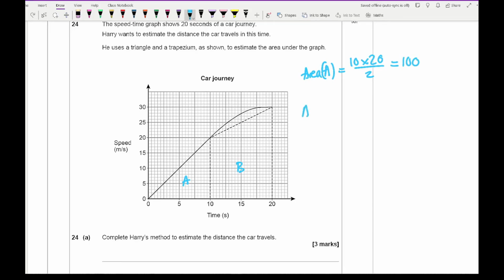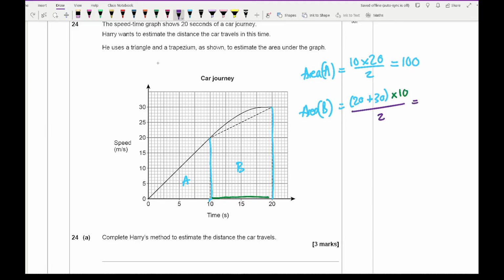So then working out the area of B, which is a trapezium, so it's the 2 parallel sides, so it's this length here, which is 20, plus this length here, which is 30, multiplied by the height, which is this here, which is 10, all divided by 2.